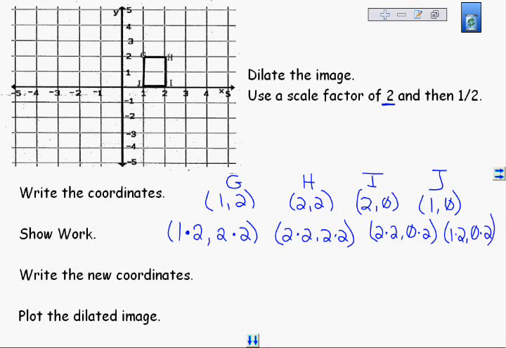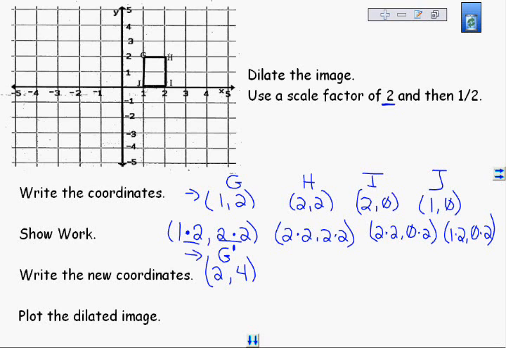So, once we have our work shown, we can find our new coordinates. So 1 times 2 is 2. 2 times 2 is 4. By the way, we need to label these coordinates. Since it's the new image, we're going to keep the letter G and put a prime. That's what that's called. We're going to put that next to the G. So this original one is the original figure.